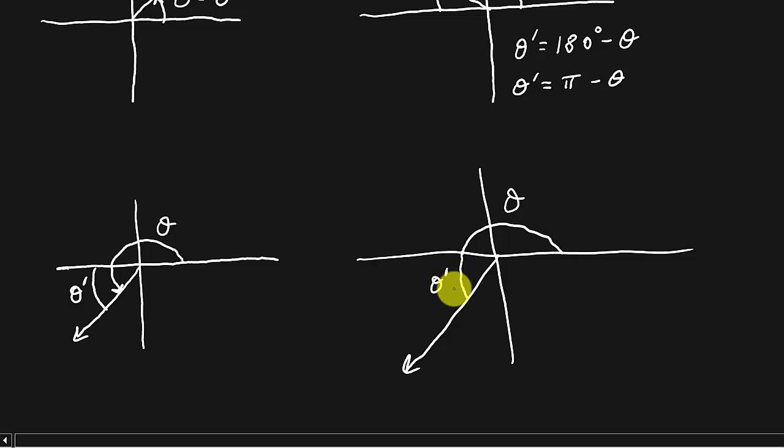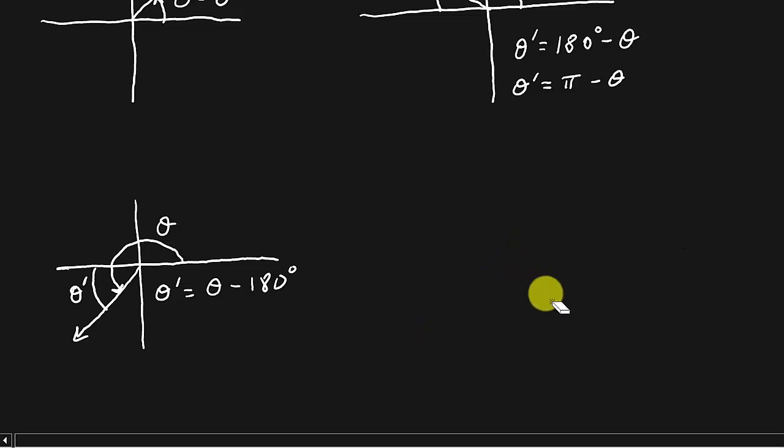So if I take all of theta and then subtract off the 180 degrees, I'm left with my reference angle. So in this case, theta prime would be theta minus 180 degrees.